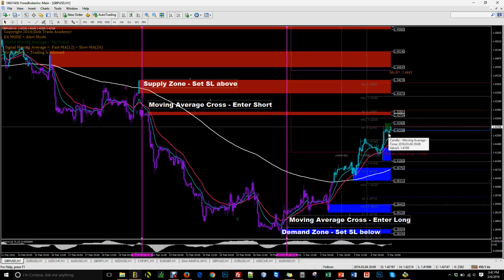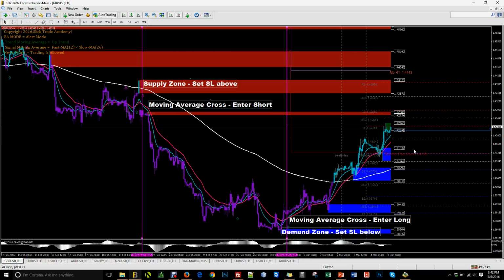So my suggestion on these trades, it's completely up to you, since they are in a supply zone right now, you can go ahead and just enter instead of stop up here, or a better scenario is to wait for these two moving averages to cross to the downside. Okay, again, feel free to enter with whichever way you're most comfortable.